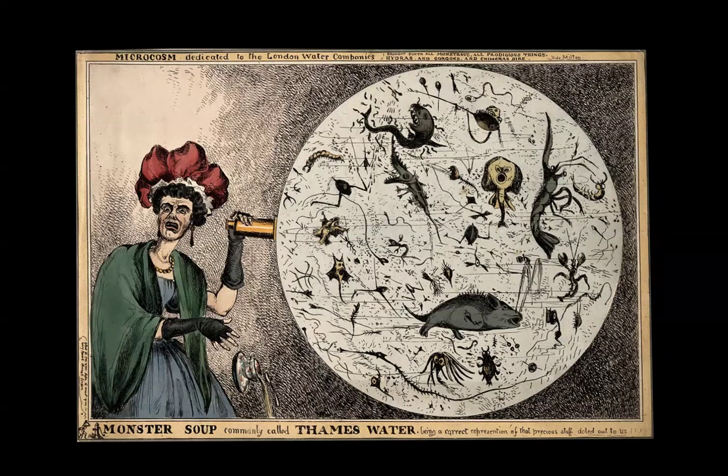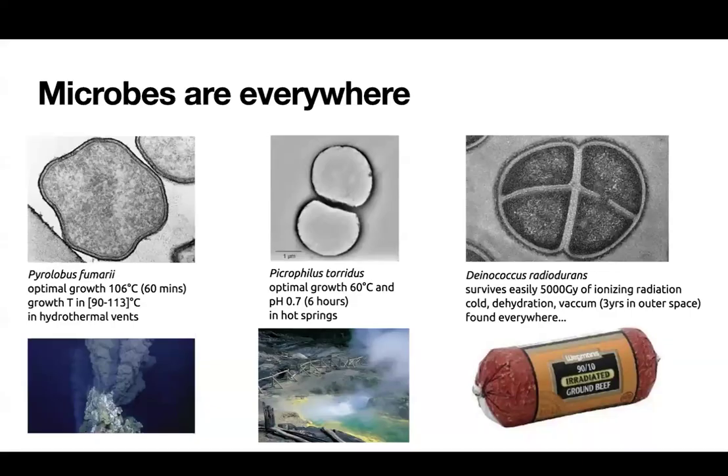When they looked at small drops of water taken from the Thames, so very close to you, they started to see these very little monsters. And the lady was dropping the cup of tea because of this discovery. This discovery opened the world to these little organisms that live around us, microbes.